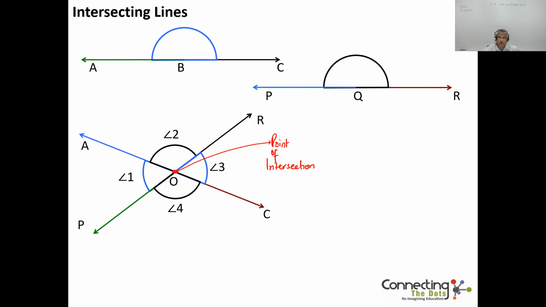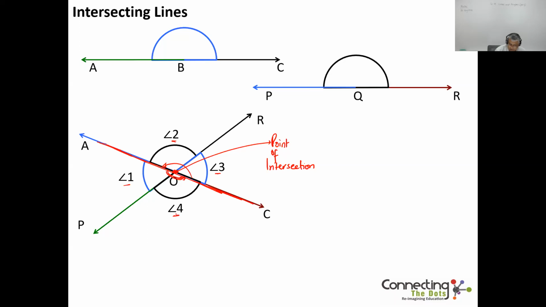If we take AOC, I am taking this line, AOC. See? So there is this angle, and there is this angle. What are these? So you see, 2 and 3 make one linear pair, and this other one is made by 1 and 4.